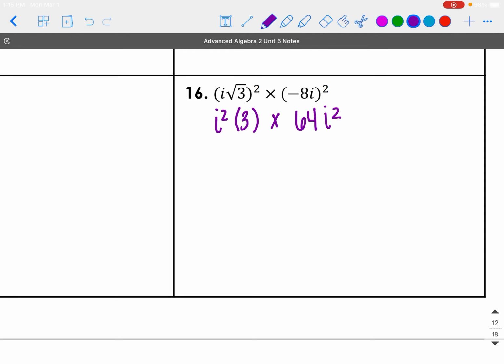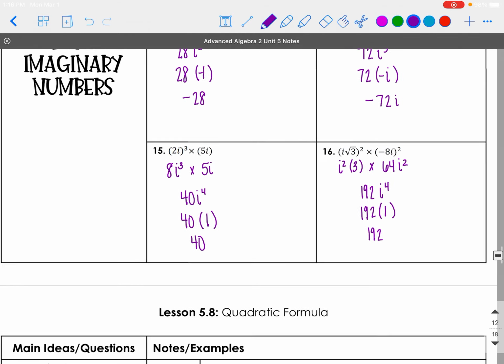Then we have i squared. 3 times 64 is 192. And then we have i to the fourth. i squared times i squared is i to the fourth. We know that i to the fourth is 1. So 192 is the final answer.